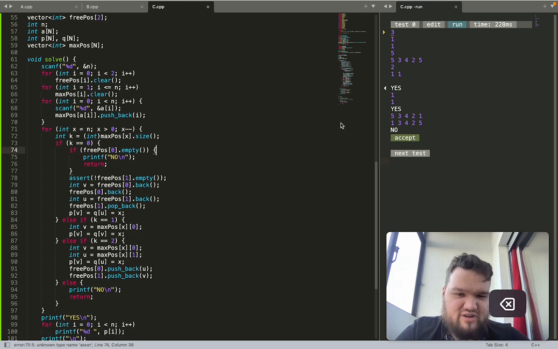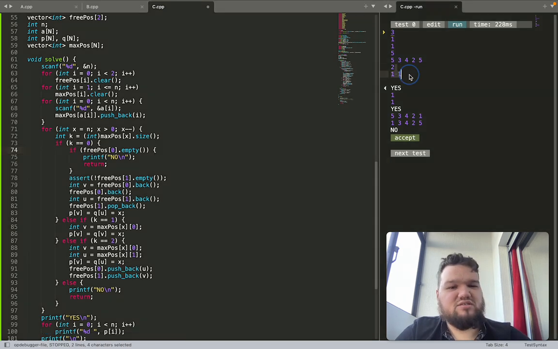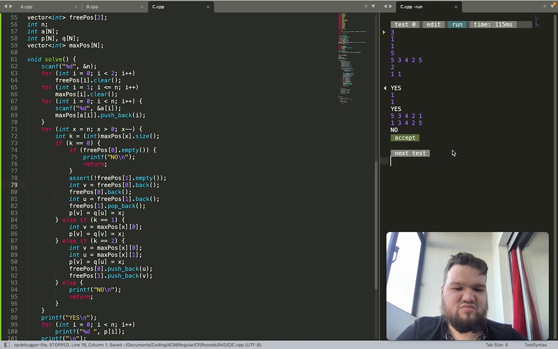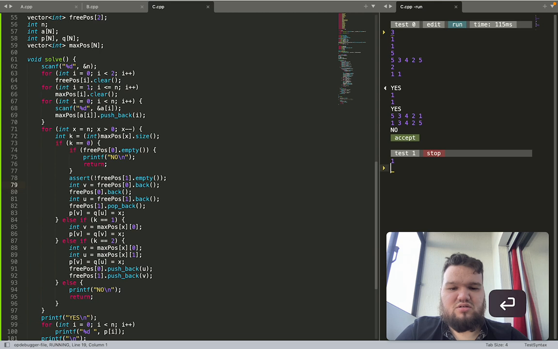Alright, it's actually happening when in the second test we don't have 2 as maximum, but we can have maximums and still fail this check. Something like this.